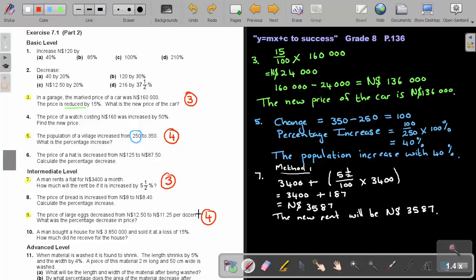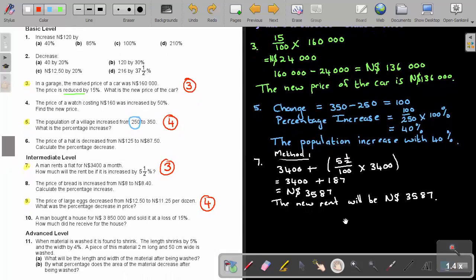Let's take another color, we can take red. So it's number 9. First, always find the change, or let's call it now the difference. That will be 12.50 minus 11.25.